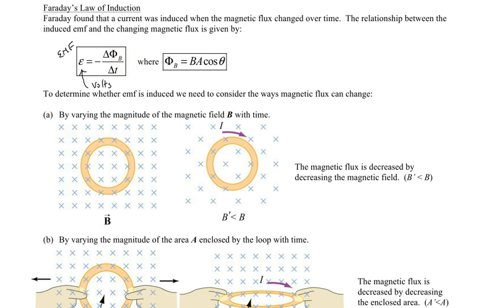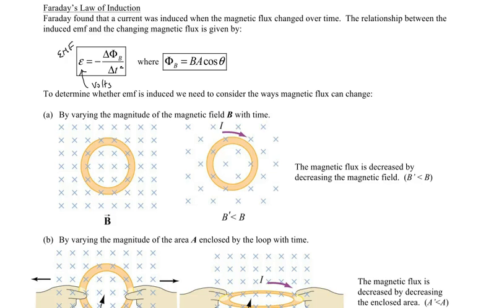The EMF induced is given by this formula. Epsilon equals minus the change in the magnetic flux divided by the time interval delta t. This is the magnetic EMF that is induced for one single loop.